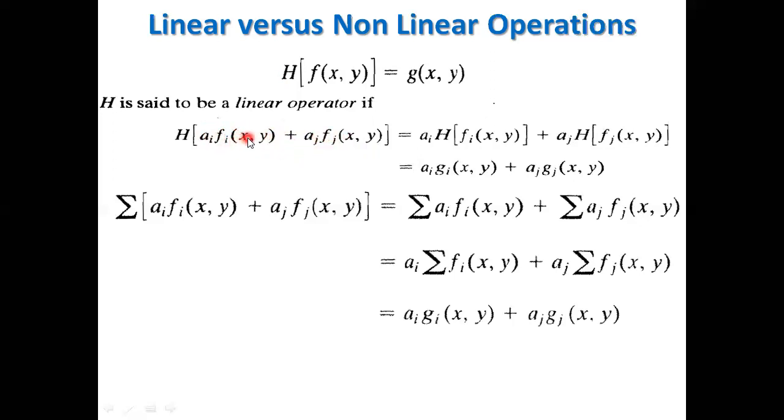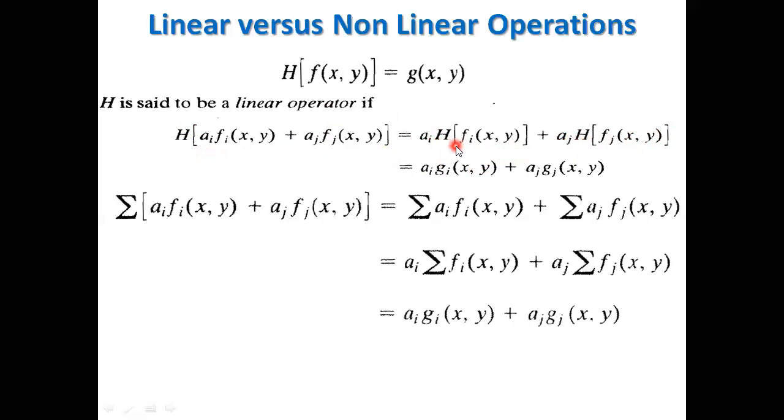We are multiplying fi of x comma y with the scalar ai, and fj of x comma y with the scalar aj. By summing these two and applying a linear operator, this becomes ai times the linear operation of fi of x comma y, plus aj times the linear operation of fj of x comma y.